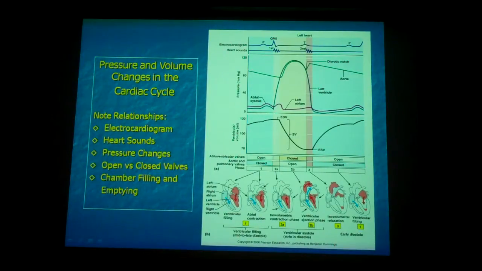Now, where on here does the aortic valve open? Just before the second sound, before the second noise, right here. It's right here is where the aortic valve opens. Because the ventricle has to generate enough pressure to overcome the existing pressure in the aorta, just beyond the valve.